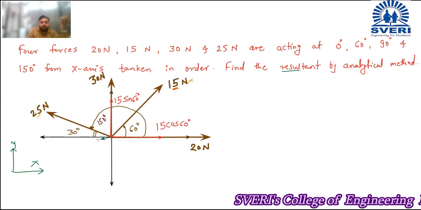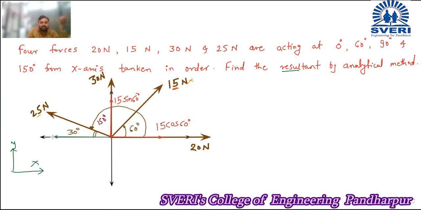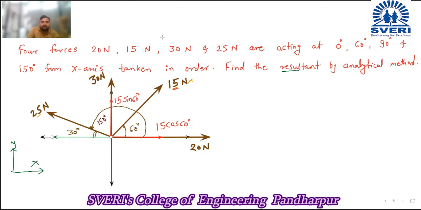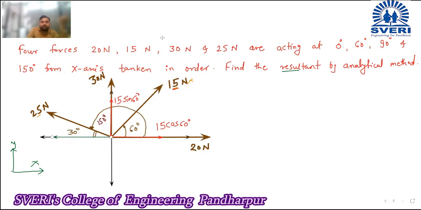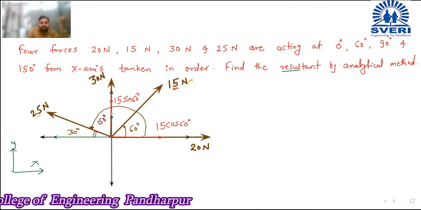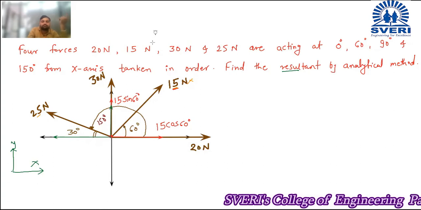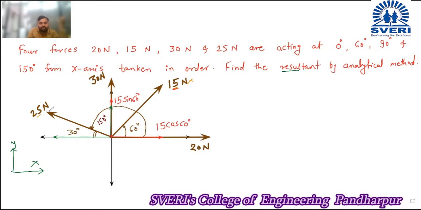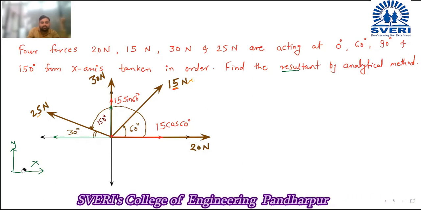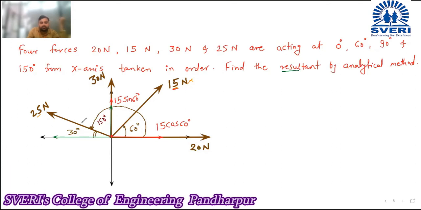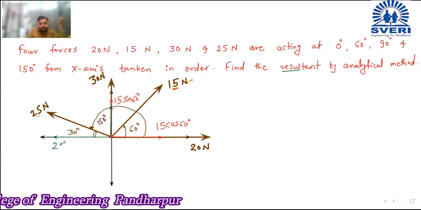I am going to draw one line parallel to the x-axis and another line parallel to the y-axis, in such a way that the main force should come in between these two lines. If this is 25 Newton, then here also I can write 25 and here also I will write 25.